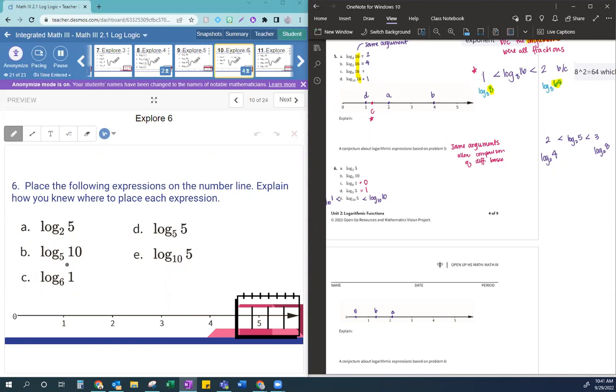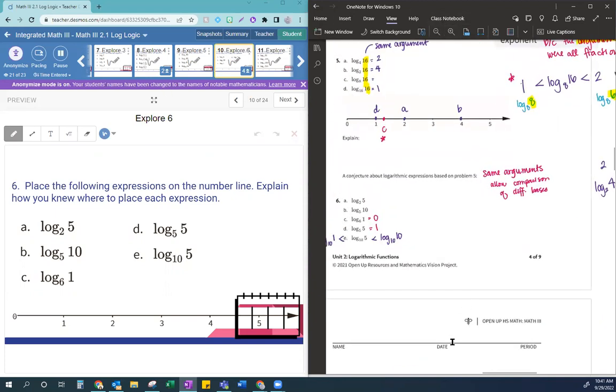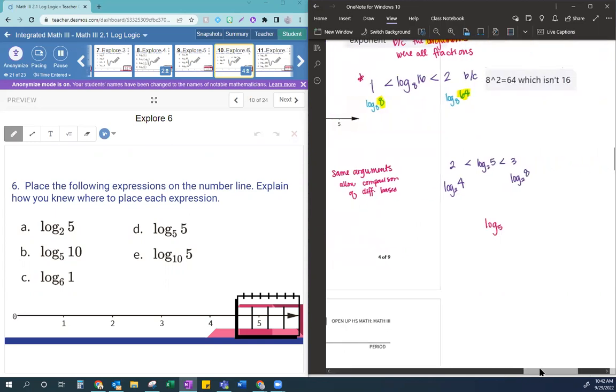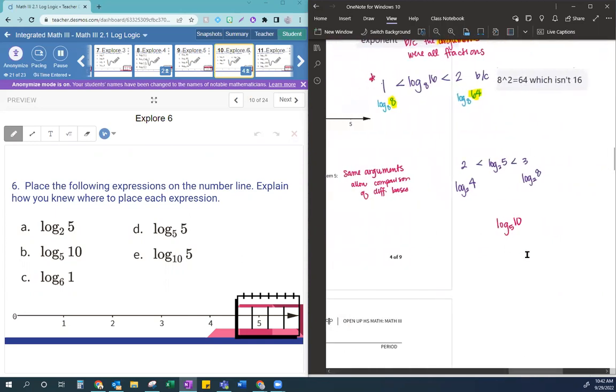Okay. If I do log base 5 of 10, right? So let me go here. If I'm thinking about log base 5 of 10, let me blow this up a bit so that you're not looking at tiny, tiny writing. So if I'm thinking about log base 5 of 10, I'm thinking about powers of 5.